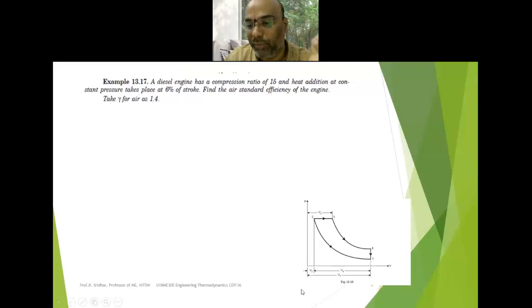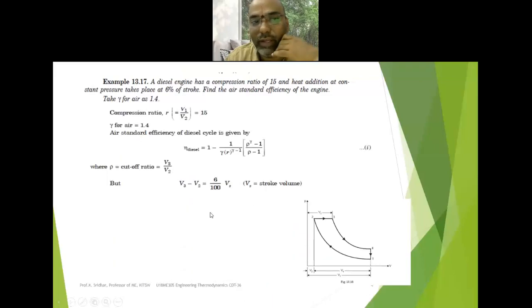This is the basic diesel cycle. Whenever a problem comes on the diesel cycle, first you plot either the PV diagram or the TS diagram of the diesel cycle. Here the input data is r equals V1 by V2, that is 15, already given. This is the formula to find the diesel cycle efficiency. The cutoff ratio rho is V3 by V2, but the cutoff ratio value is not directly given. It is given that heat addition at constant pressure takes place at 6% of the stroke.